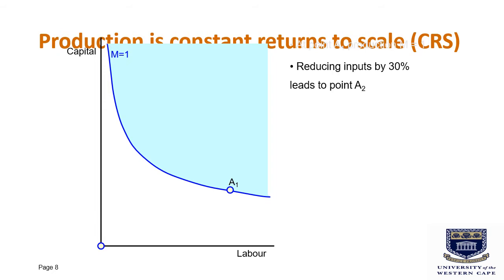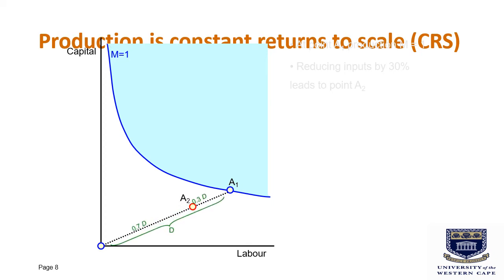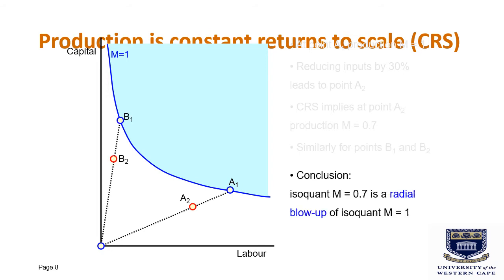We can assume that the inputs of A1 are reduced by 30%. So what does that mean if the inputs are reduced by 30%? The output value is also going to be reduced by 30%, meaning M now at this A2 will be 0.7. Similarly, if we did the same thing for B, reducing the inputs at B by 30%, we're going to find that M is equal to 0.7.